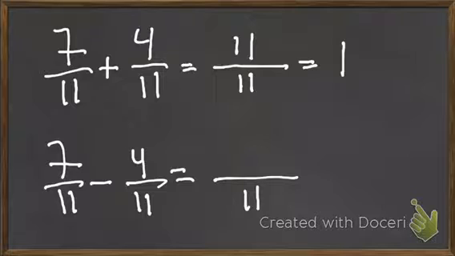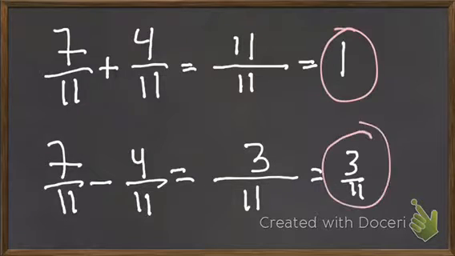And then I have 7 minus 4 gives me 3. So this will be 3 over 11, because that does not simplify. Okay? So the key thing about fractions is that as long as the denominator is the same, you are able to add.